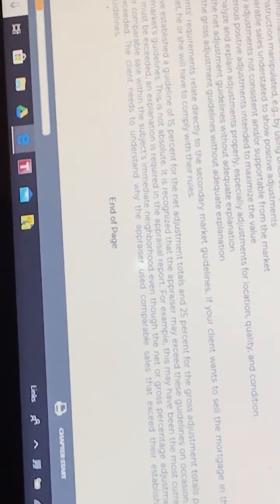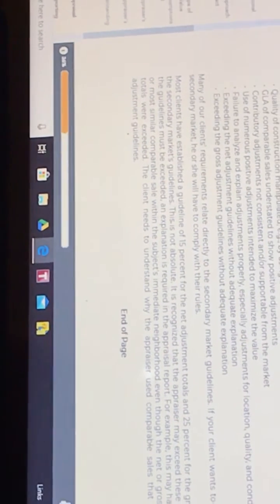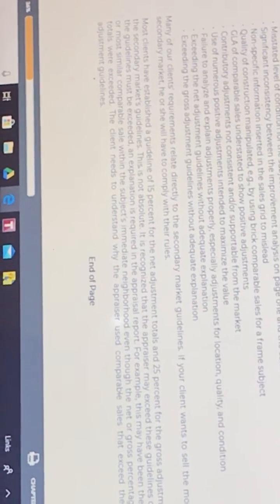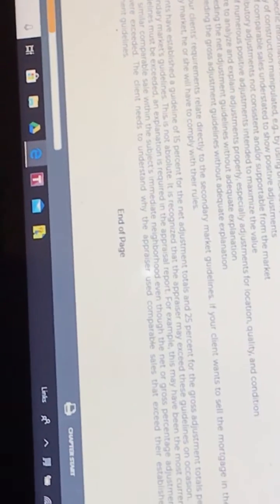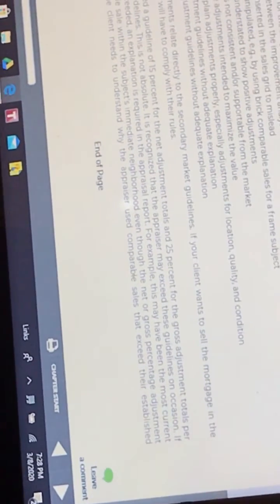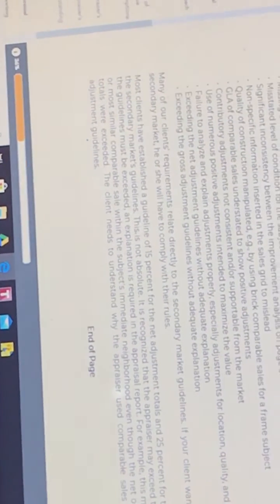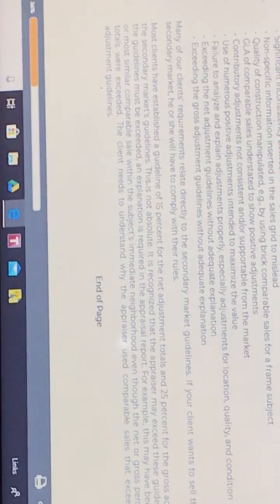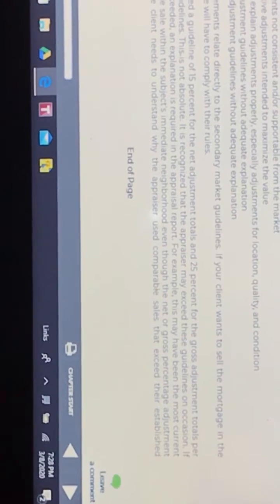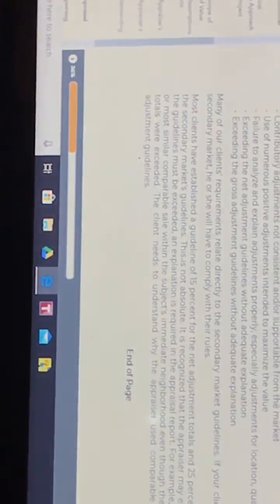This is not absolute. It is recognized that the appraiser may exceed these guidelines on occasion. If the guidelines must be exceeded, an explanation is required in the appraisal report. For example, this may have been the most current or most similar comparable sale within the subject's immediate neighborhood, even though the net or gross percentage adjustment totals were exceeded.